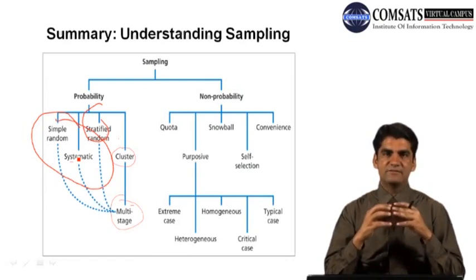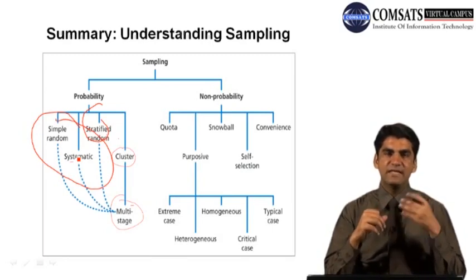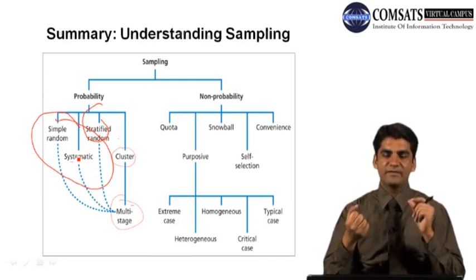And multi-stage sampling is basically a combination of either cluster or stratified, and within that a combination of systematic or simple random sampling.